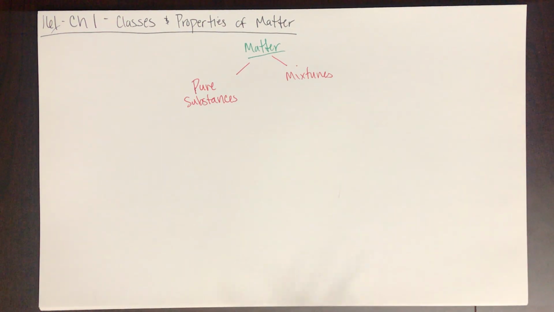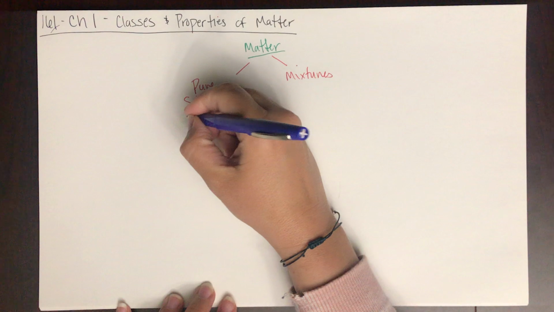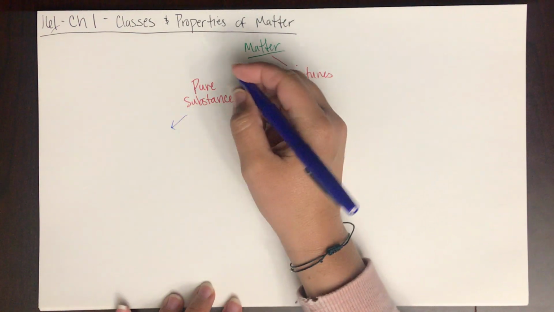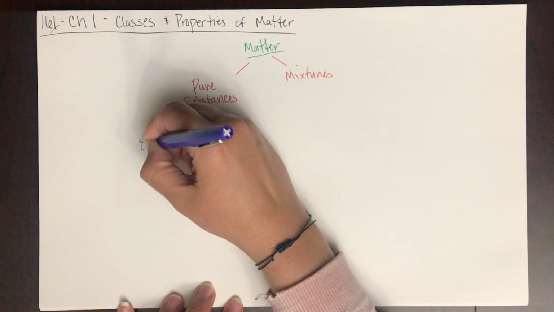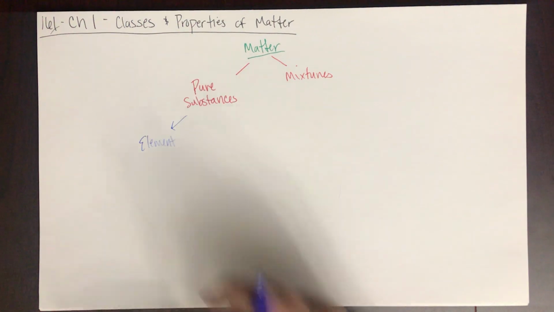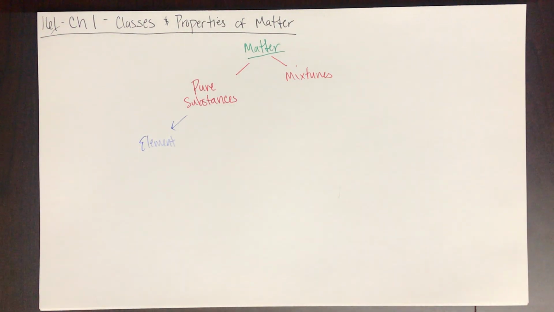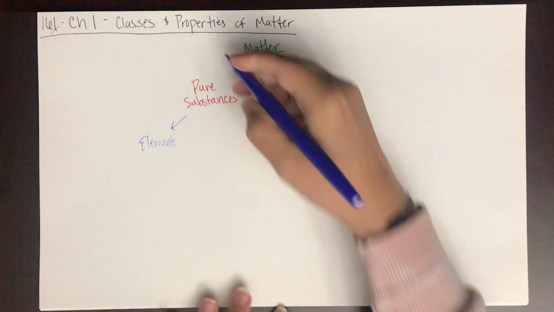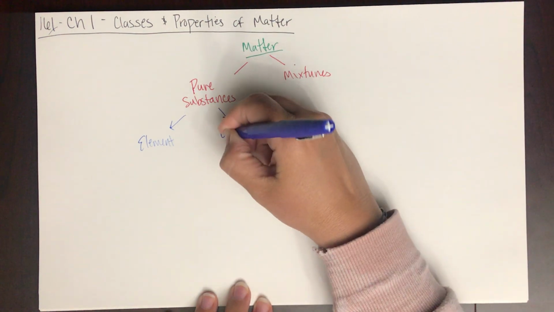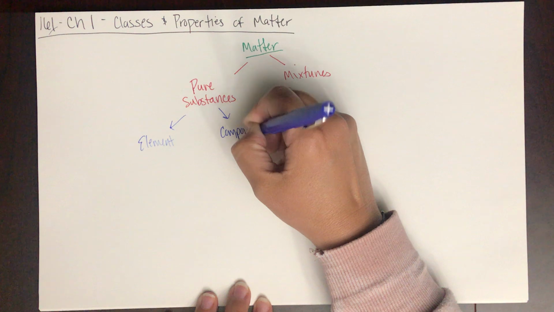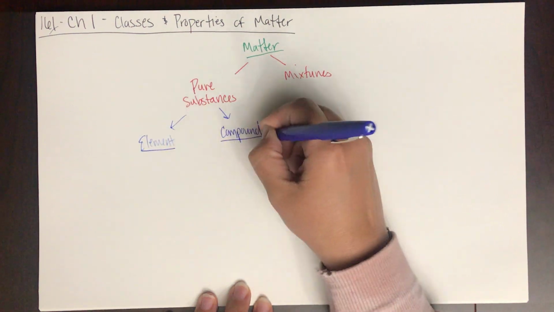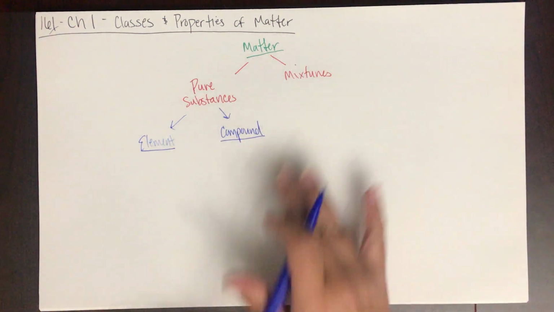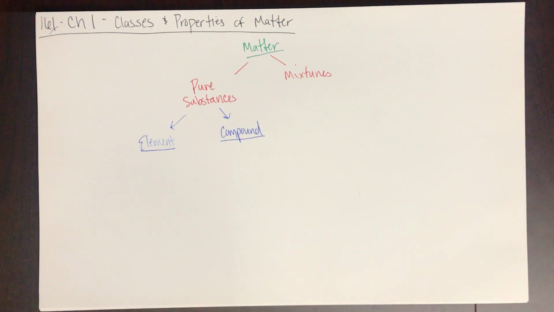The pure substances can be divided even farther into two categories. One would be an element, and the other would be something called a compound. I'm just going to finish filling out the table and then we'll come back to these and talk about them each a little bit more.